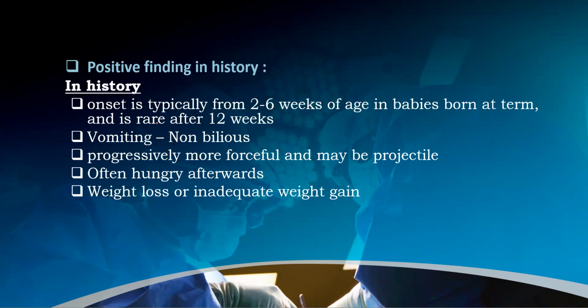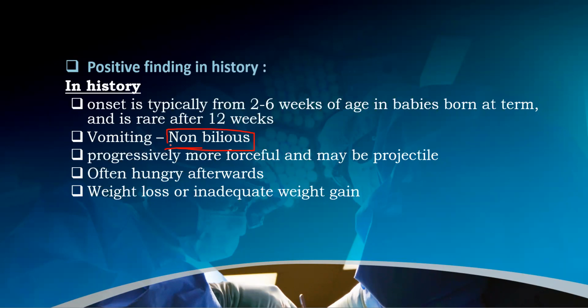in history, you have found that from the 4 to 6 weeks of age, the child started to have this vomiting. The vomiting color is non-bilious. That means it's a whitish one, not greenish vomiting. If you get a greenish vomiting, that means it's not coming from the stomach, it's coming from the gut.